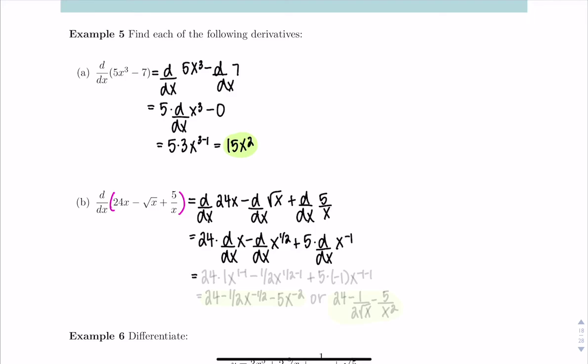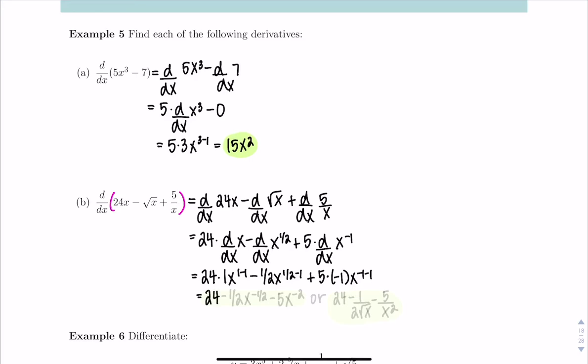And so the derivative of x is just 1x to the 1 minus 1, minus 1/2 x to the 1/2 minus 1, plus 5 times negative 1 x to the negative 1 minus 1.